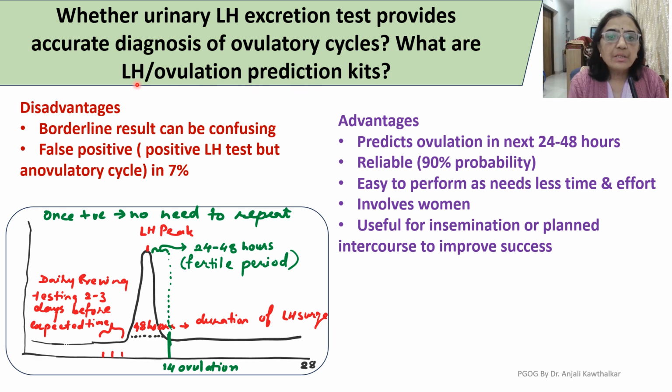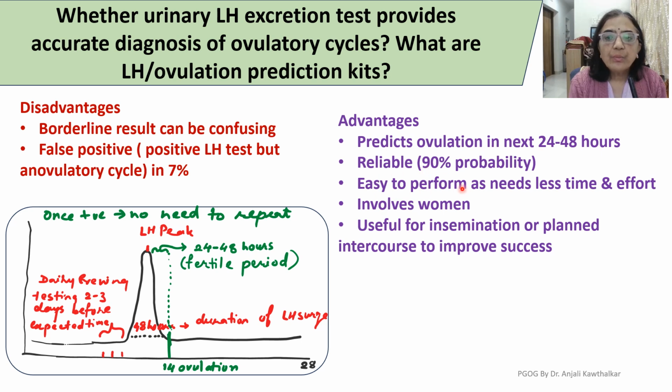That is the greatest advantage of these LH kits, ovulation prediction kits. That is why these are called ovulation prediction kits, as they predict ovulation in the next 24 to 48 hours. Whenever the LH kit shows positivity, the next 24 to 48 hours is the time when ovulation is likely to take place. It is reliable. There is 90% probability that it is giving us correct information.